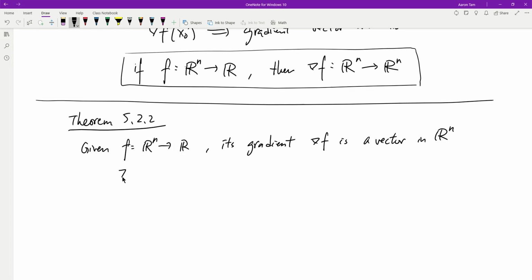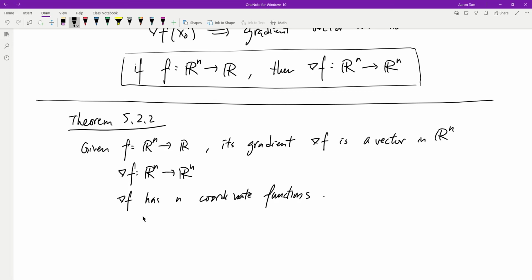So this implies that the gradient of f will go from Rn to Rn. Now since the gradient maps into Rn, it must have that many coordinate functions. So what theorem 5.2.2 states is the following: the gradient of f has n coordinate functions which define each of its coordinates.